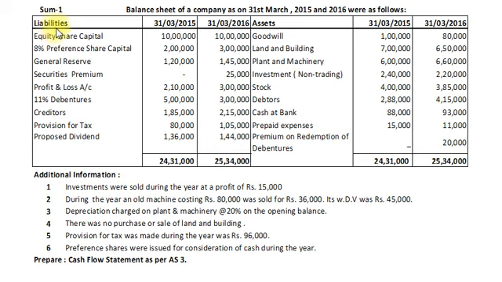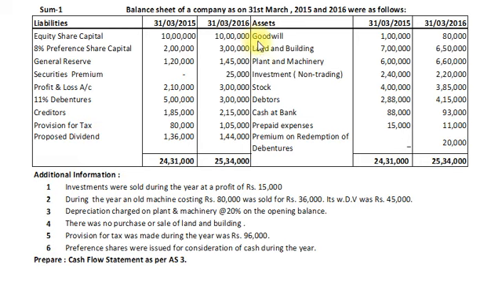On liability side, we have equity share capital, 8% preference share capital, general reserve, securities premium, profit and loss account, 11% debentures, creditors, provision for tax, proposed dividend.